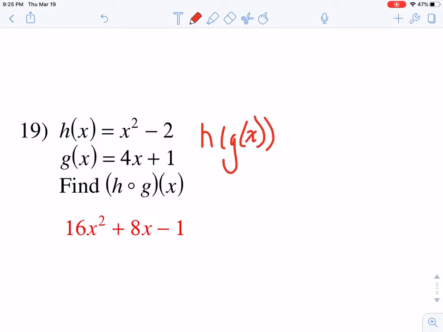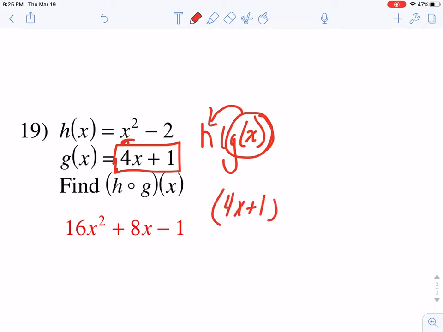The first thing I need to do is plug my g of x function into anywhere I see an x in my h of x function. So I'm going to plug in 4x plus 1 for that x right there. So, parentheses, 4x plus 1 squared minus 2.